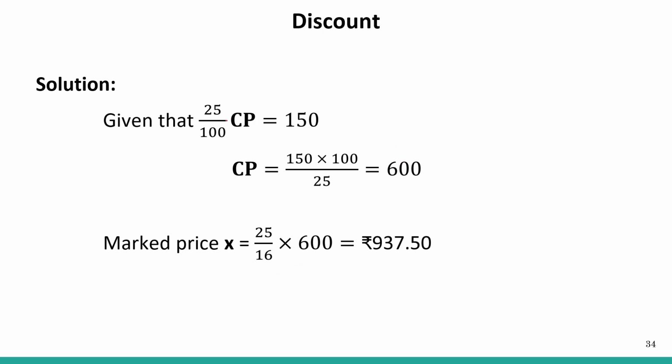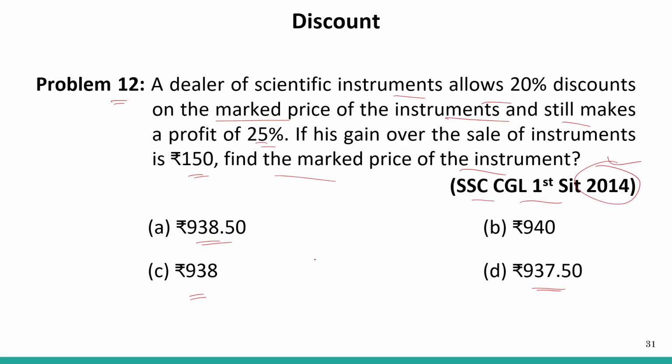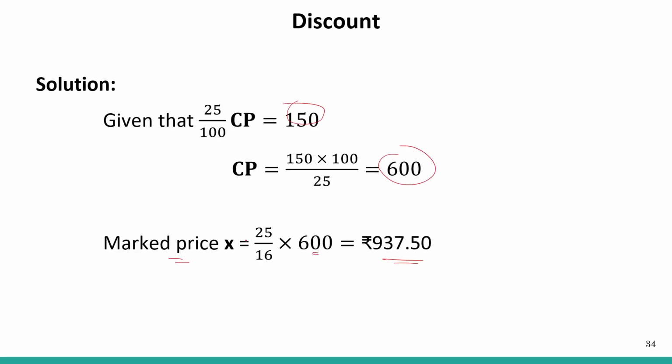Okay, so given that 25 by 100 CP is equal to 150, this is what is given. So CP can be calculated as 600 rupees. So mark price is equal to 25 by 16 into CP, that is 600 in this case. So it will be 937.50. So 937.50 is the only correct answer here. All these options B, C and A are wrong answers.